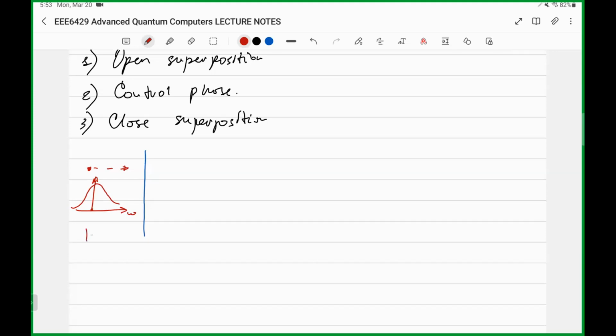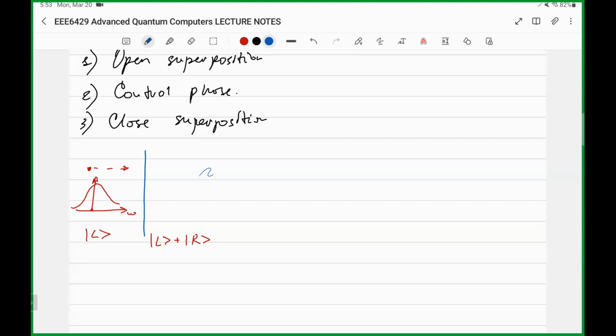On the left side, the wave vector of my photon is ket L. Then when I create the superposition, the state of my photon is L plus R. This is a perfect quantum superposition of a photon.